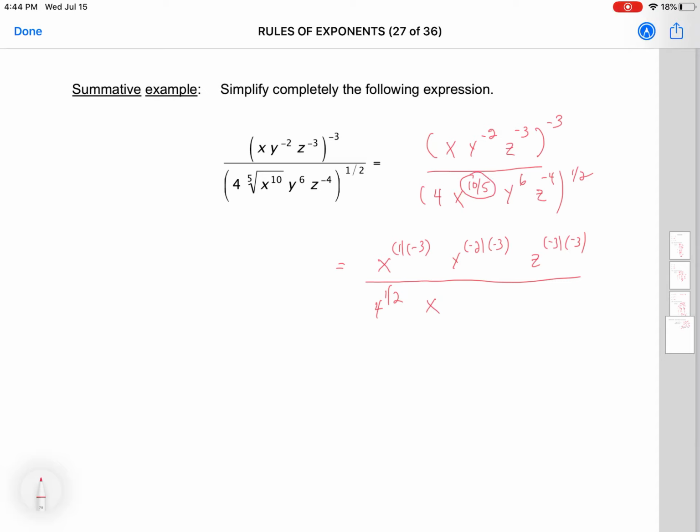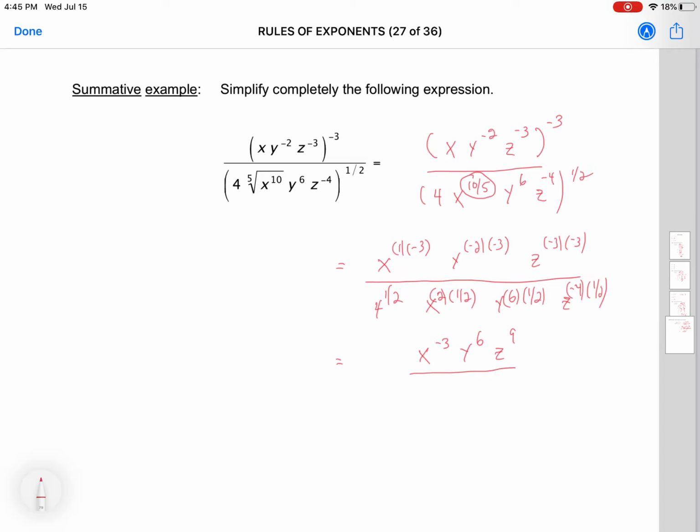So 10 over 5 is 2, so x to the 2 times 1/2, y to the 6 times 1/2, z to the minus 4 times 1/2. So what do we have here? A bunch of things. x to the minus 3, y to the 6, z to the 9.